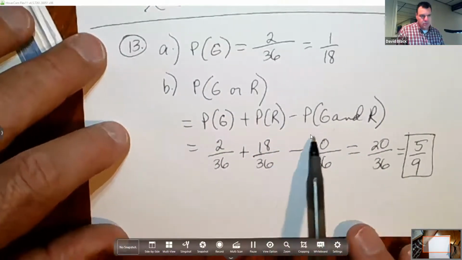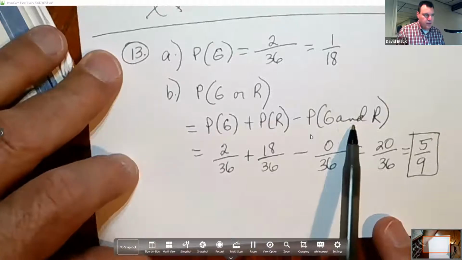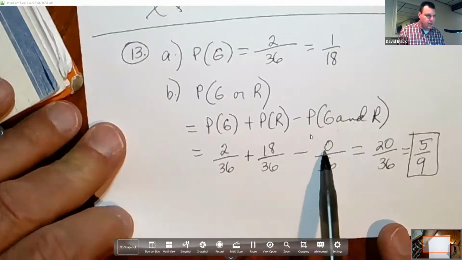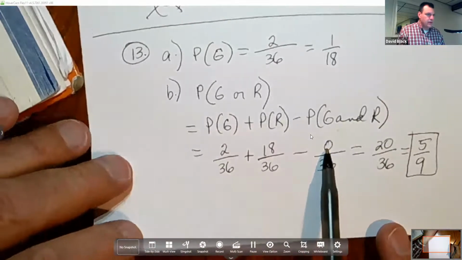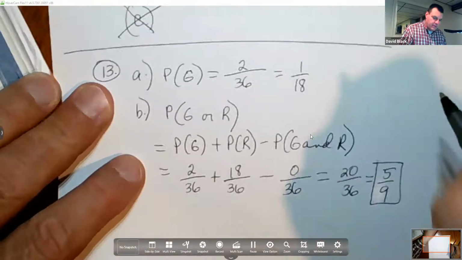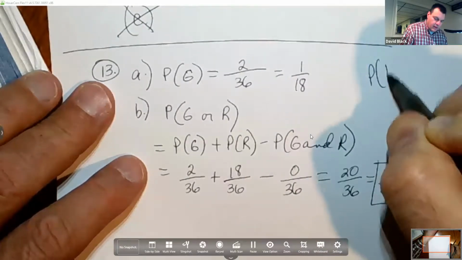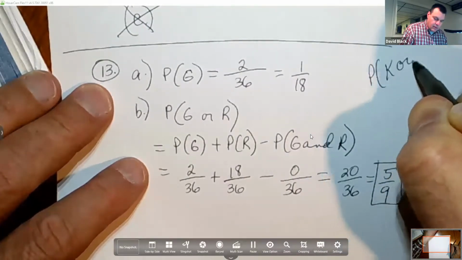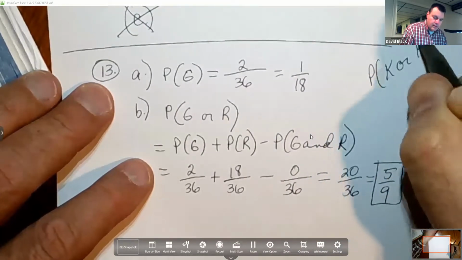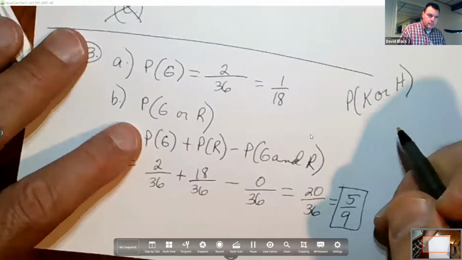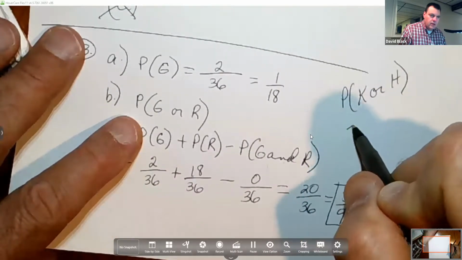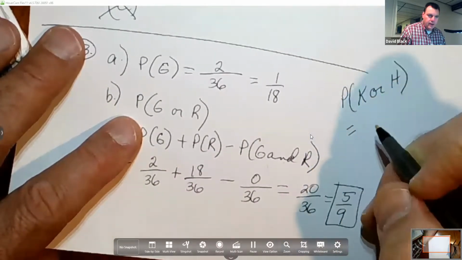Now, it won't always be the case that when you get this and part back here, that's going to be 0. For example, if I ask you a card problem, what's the probability of getting a king or a heart if you draw a card from a 52 card deck?